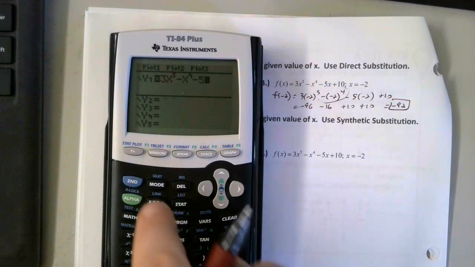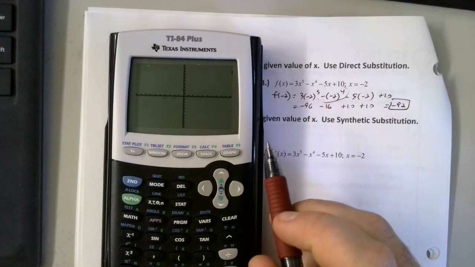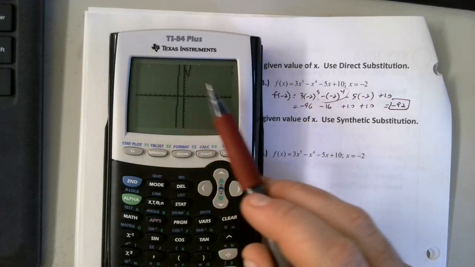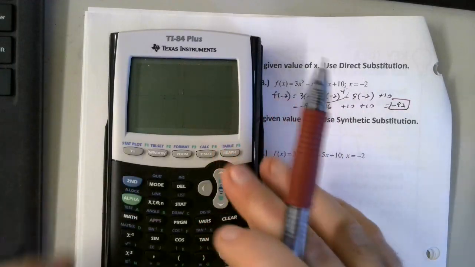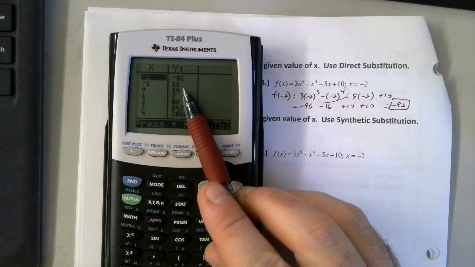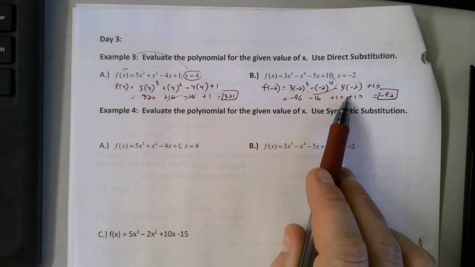So make sure it looks just like it and hit graph. So you get a small picture of the polynomial, but the table is going to be more important. So when x is -2, your output's -92. So direct substitution will work well.